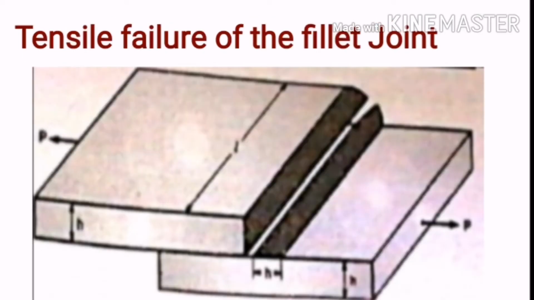Now let us have a look on the failures of the fillet joint. The figure shows the tensile failure of the fillet joint. From the diagram given, you can see that the applied load is in the direction perpendicular to the axis of the welds. Thereby, the weld will fail in tensile nature as depicted in the given diagram.